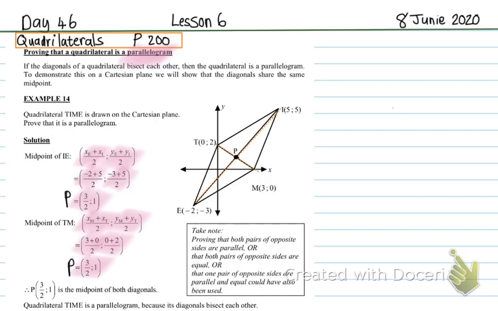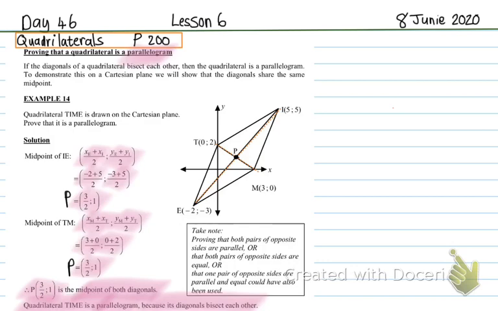So yes, P, 3 over 2, 1 is the midpoint of both diagonals. So that means that quadrilateral TIME is a parallelogram because its diagonals bisect one another. Okay, so let's remember that is how we're going to prove that something is a parallelogram.